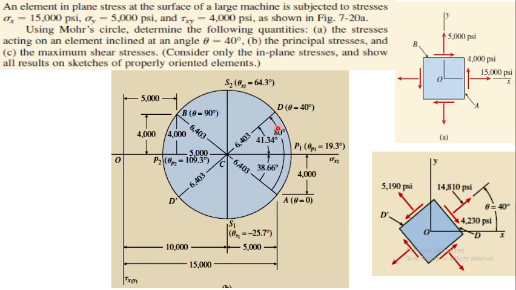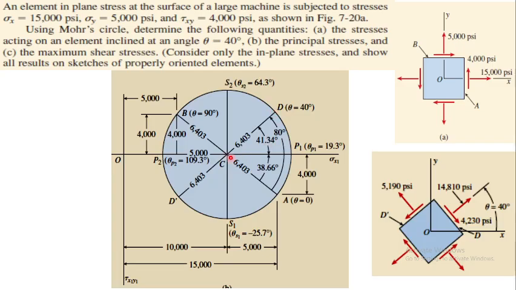Now if you want to calculate this vertical value, which is tau x1 y1, you know this is the radius, and you know this angle is 41.34 degrees. So it will be 6,403 sine of 41.34, which will give you the value called tau x1 y1.